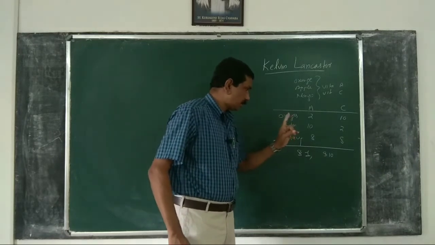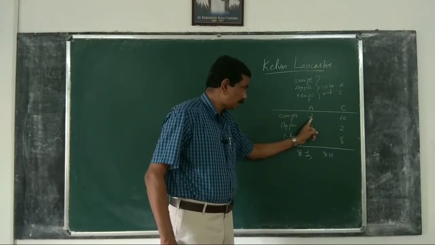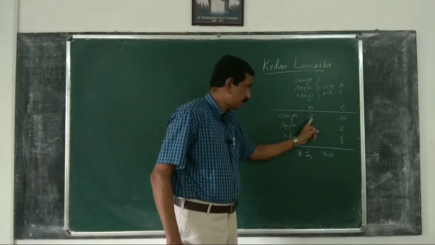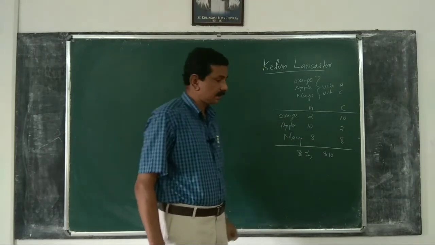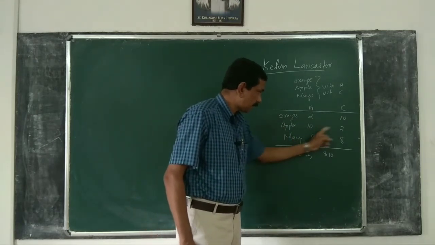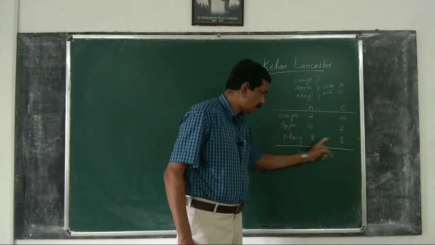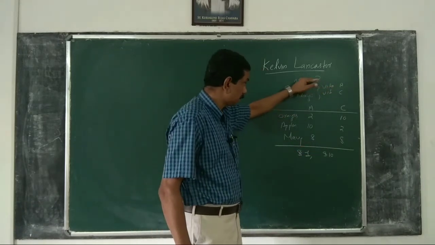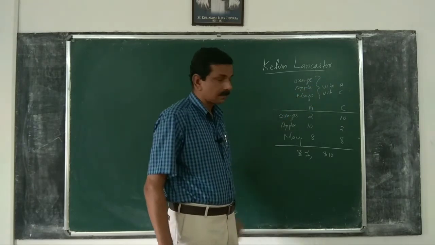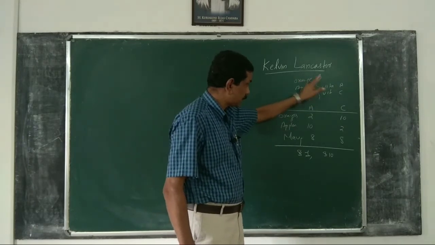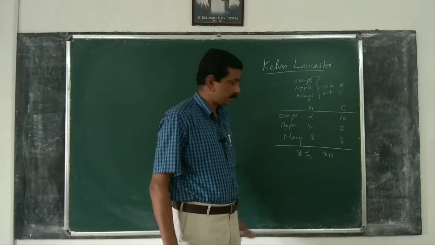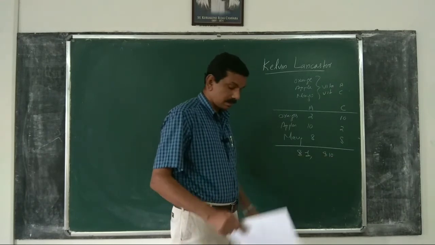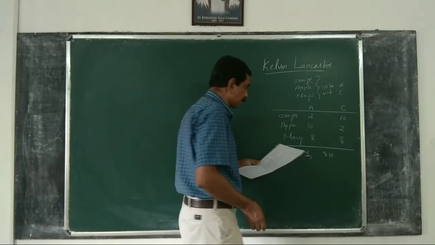From one orange, you will get 2 units of vitamin A, 10 units of vitamin C. From apples, 10 and 2, mangoes, 8 and 8. Remember this, characteristics are present in all these goods and the same good possesses more than one characteristic. Our consumer has $10 to spend.